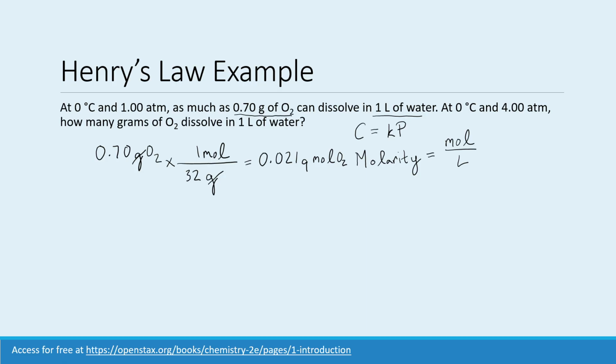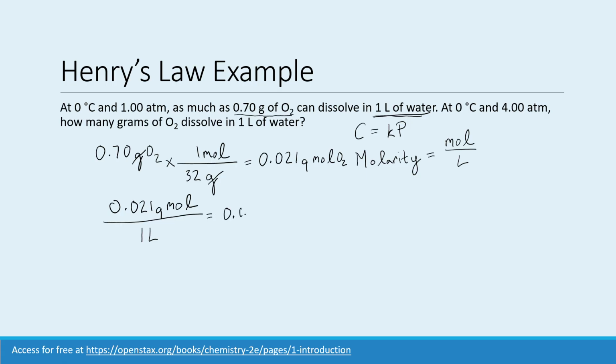Okay, and they tell you that that is the amount of oxygen gas dissolved in 1 liter of water. So of course, if we take the 0.0219 moles and divide that by the 1 liter of solution, we assume that the gas is not going to have any volume that matters to us.